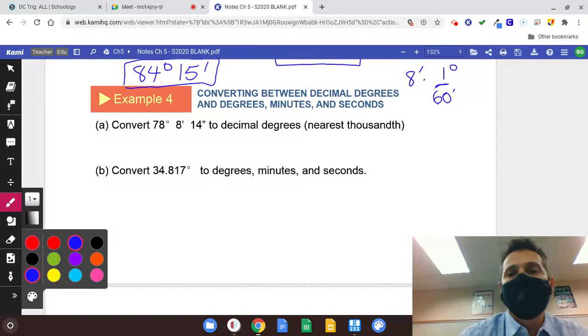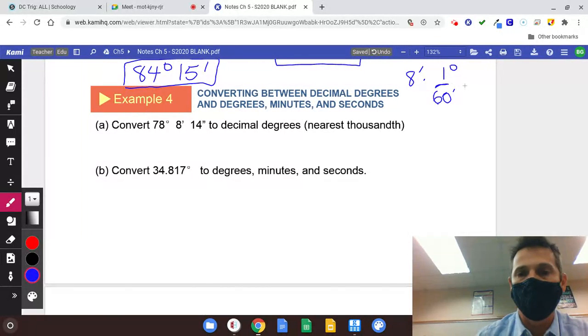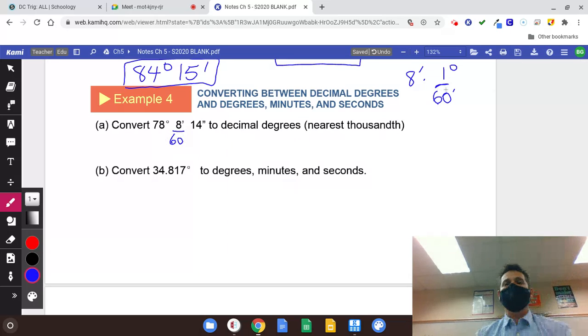I put the minutes on the bottom because the minutes would cancel this minute. So that's my long way of doing it. But my shortcut way is I'm just going to say this is over 60. See how the 60 is on the bottom of that conversion? That means divide by 60.